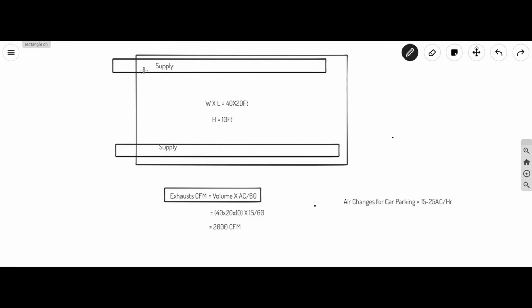For every 12 feet, this length also 12 feet you can maintain. Like this, we use grills. Throw distance will be 12 feet. Now the exhaust. Here we are using the exhaust duct.